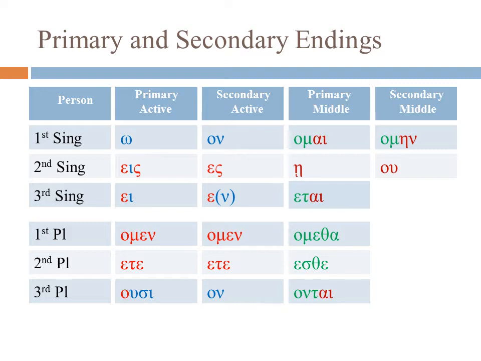The εται with the omicron, instead of εται we get ετο. And remember, the first person and the second person plural are the same, so we get ομεθα, εσθε. And then the third plural is οντο. So ομην, ου, ετο, ομεθα, εσθε, οντο.